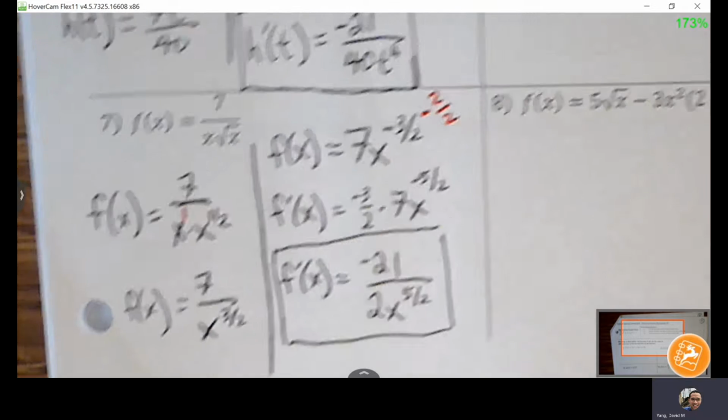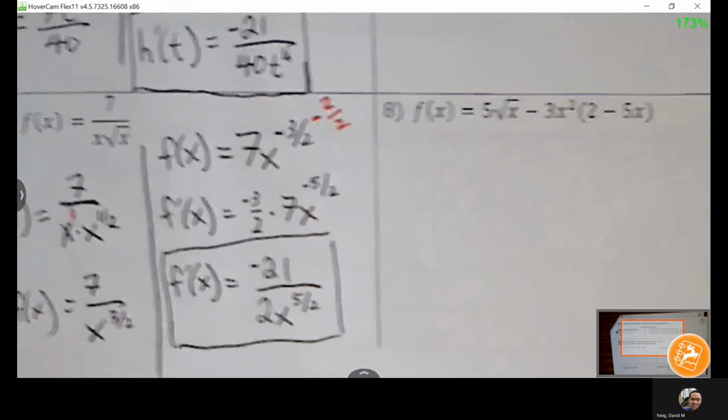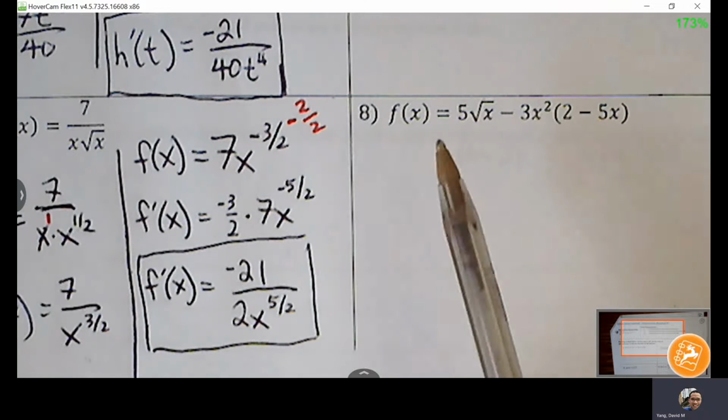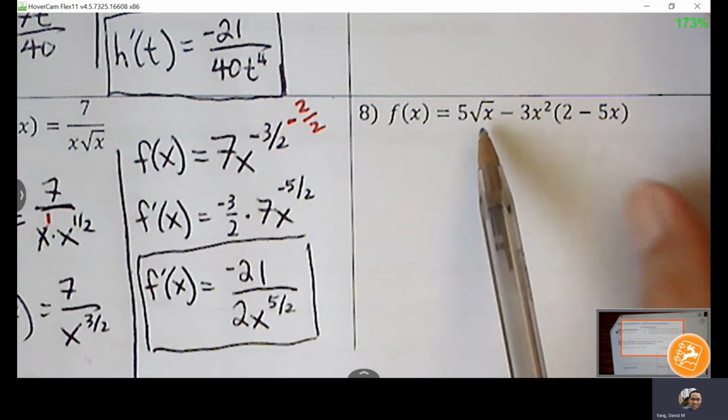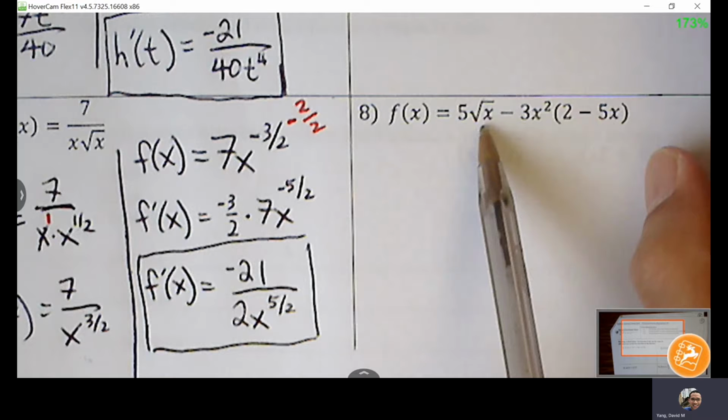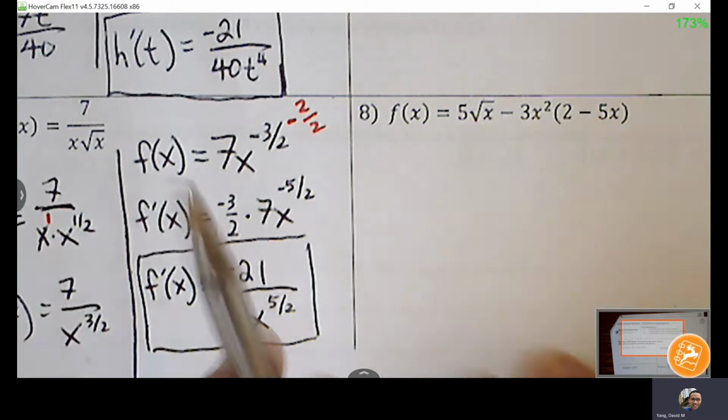All right, let's look at number 8. What's in the way of power rule? Yeah, radical in parentheses. So both of these have to be cleaned up before we can do anything with power rule. So what's 5 square root of x?